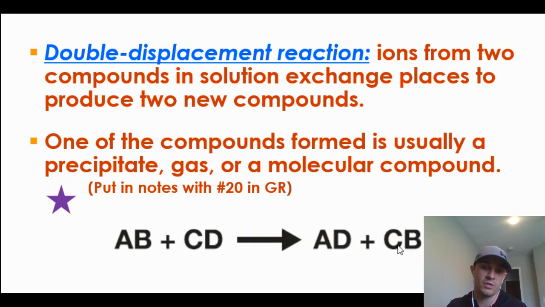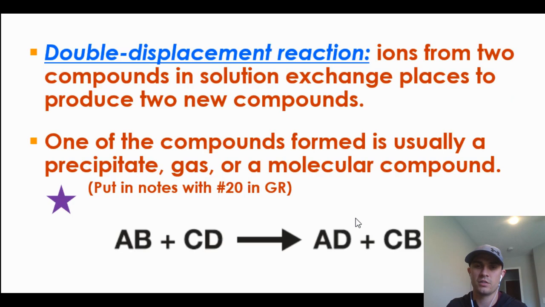And you know what? That was okay with them. They left as different couples than what they went in as. I thought there was an example here, but it didn't show one. This is also going to form a precipitate, because one of the products is usually a precipitate, gas, or a molecular compound. So it's almost always going to form a precipitate.